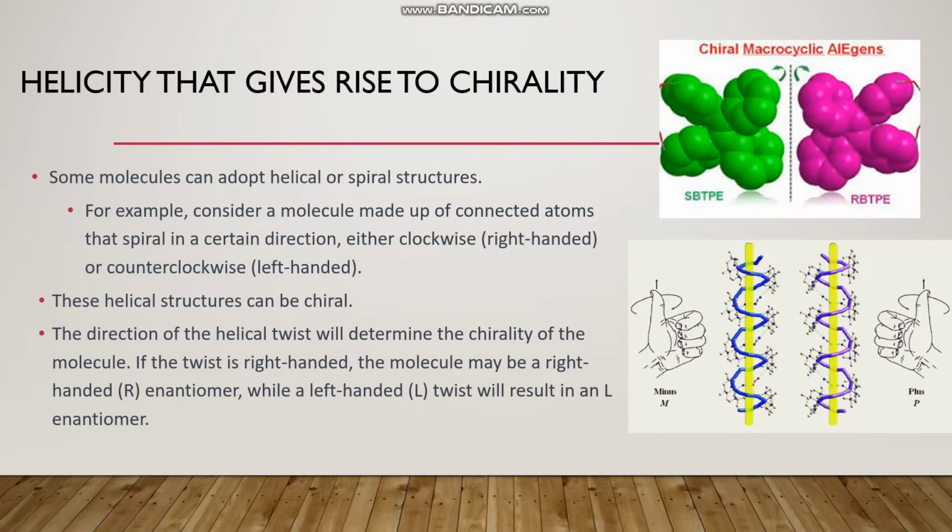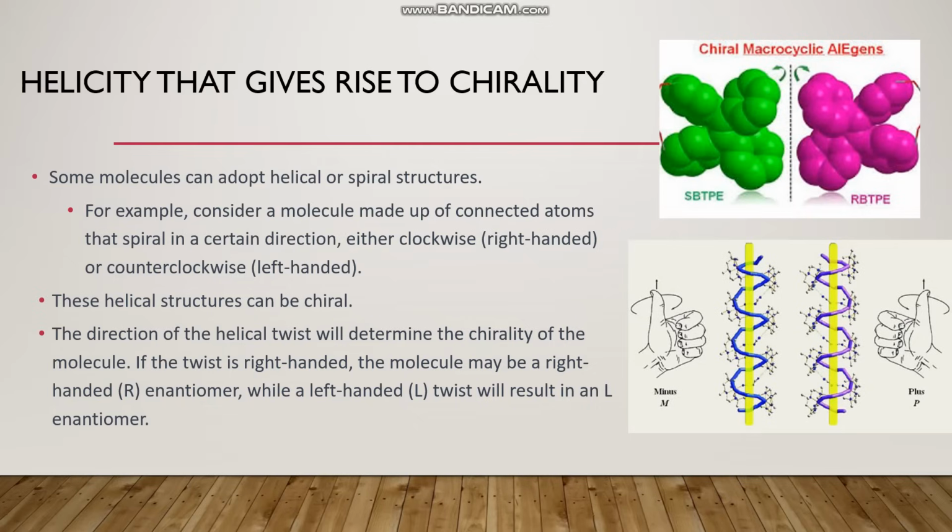So there are many molecules in organic chemistry that do not have a chiral center, but they are chiral because they are helical. Just check these macromolecules, they're called allenes. One molecule has an anticlockwise twist and the other has a clockwise twist. Similarly, we know that our DNA has a helical structure.